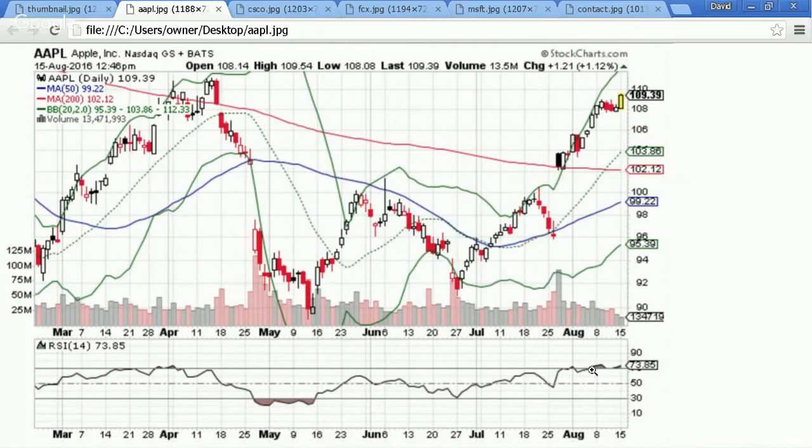Now over here, if you had just used Bollinger Bands, you could see the candle pierced above the top band here. If you just went by the Bollinger Band overbought indication, you'd say, oh well, I should buy puts here, or I should short Apple, and it's just gone up since then.